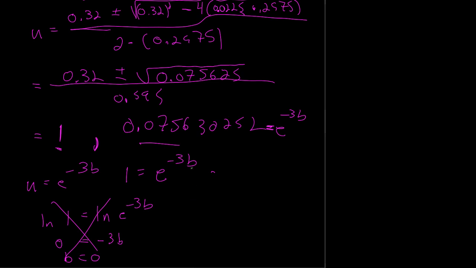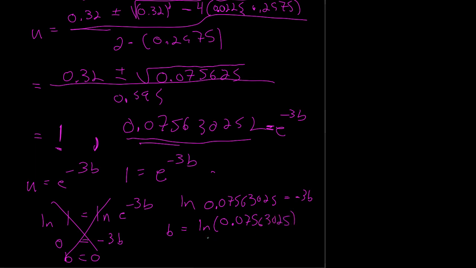But this one here, I'm going to take the natural log of 0.07563025. When I take the natural log of this, I get negative 3b. So b is equal to the natural log of this very small number, divided by negative 3.